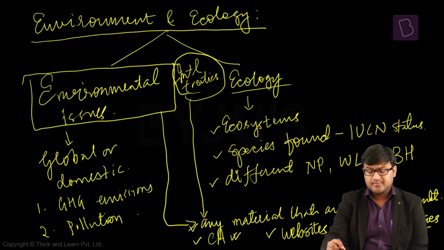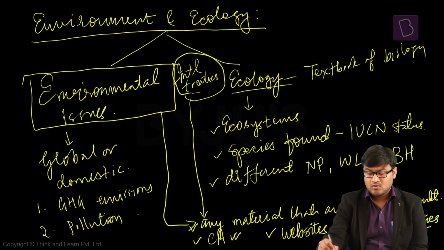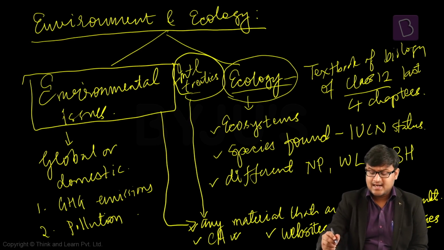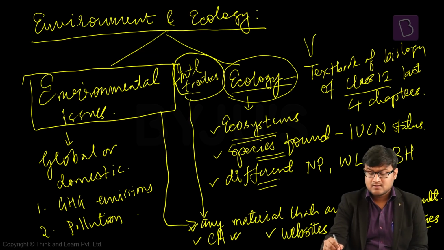For ecology, you can follow textbook of biology of class 12, last 4 chapters. In this, all the concepts related to the ecology would be covered. Secondly, to cover different ecosystems and species, again, you can make use of maps.